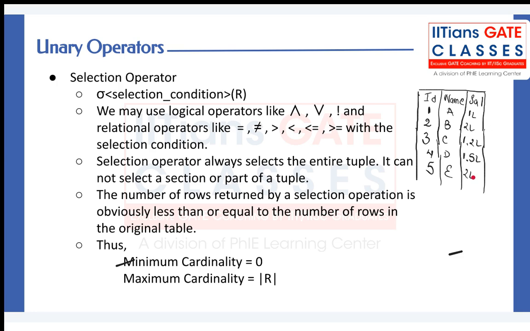If I ask you a question, can you tell me in relational algebra, not in SQL, how can I retrieve all rows which have salary 2 lakhs? What will you do? Can you return me all the tuples, all the rows which have salary 2 lakhs?